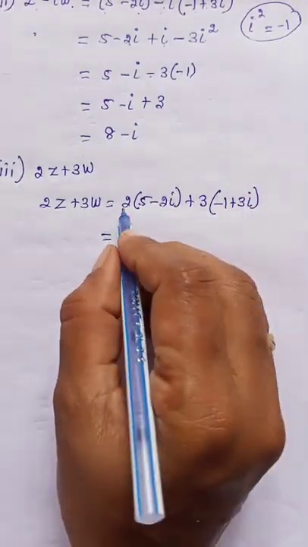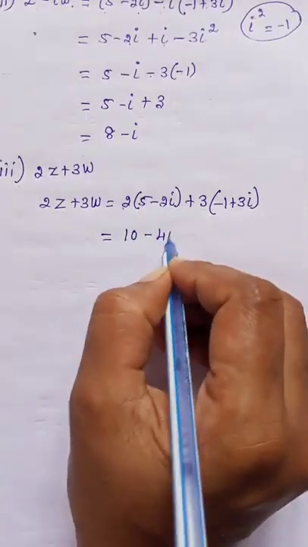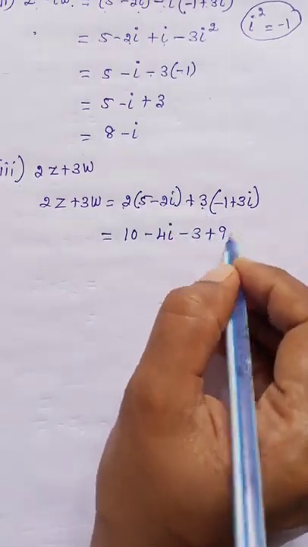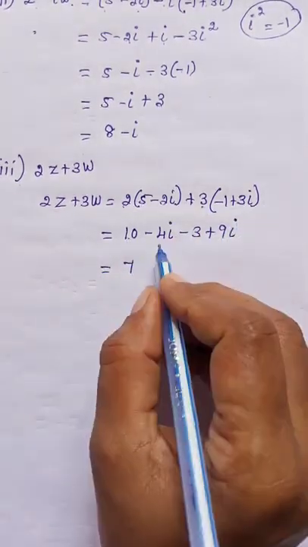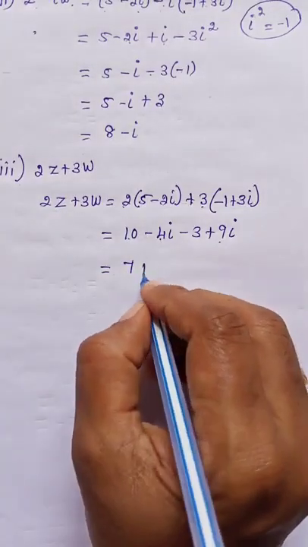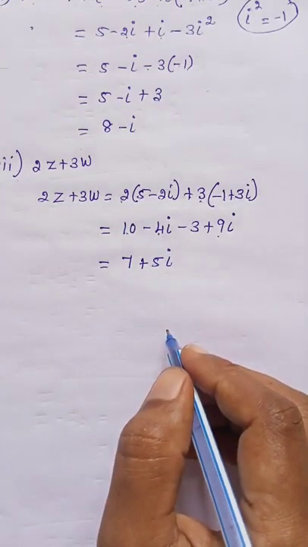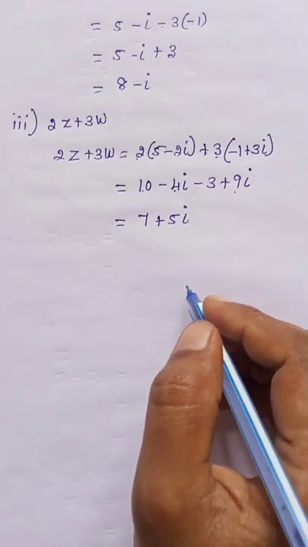First we should multiply, isn't it? So we get 10 minus 4i minus 3 plus 9i. Now 10 minus 3 is 7, and minus 4i plus 9i is plus 5i. So we simplify the real part separately and the imaginary part separately.